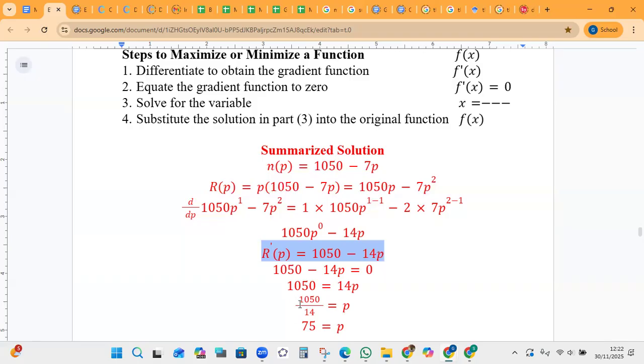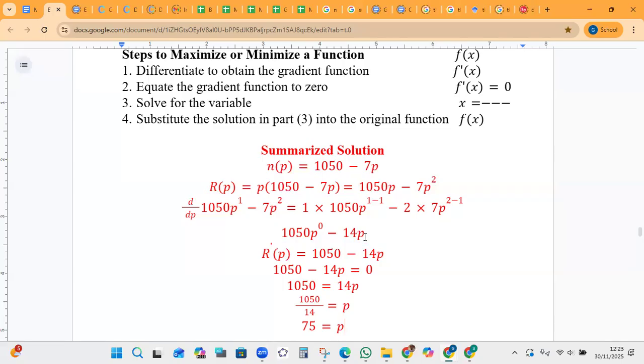So 1050 divided by 14 will give us 75. So the maximum price, the price that the rental company should rent their vehicle at is $75, as was obtained before, in order that the revenue will be maximized. So we have found the optimal value of p using 2 different methods.